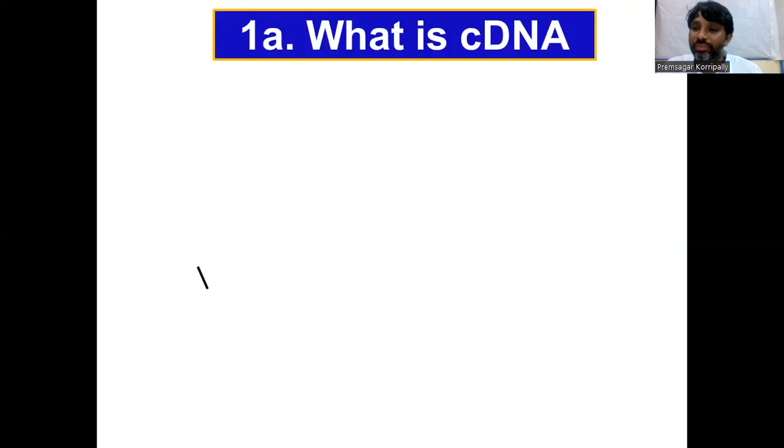What is cDNA? So you all know that retroviruses have an enzyme called reverse transcriptase, which can convert its mRNA into DNA, and that DNA integrates into the host chromosomes.